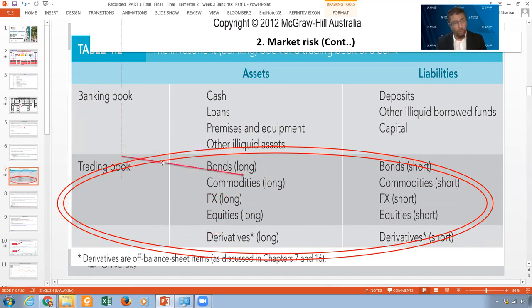So if I go long, the purpose of taking all those assets is that they are at low prices now, and I think if I buy them now, we have a positive outlook of the market that the prices will go up. So you buy them now, you keep them, and when the prices go up, then you sell them.